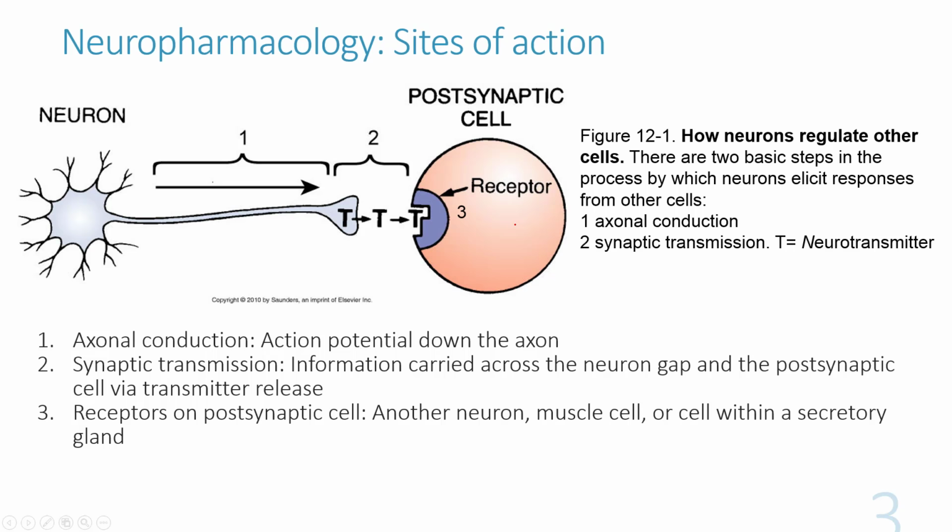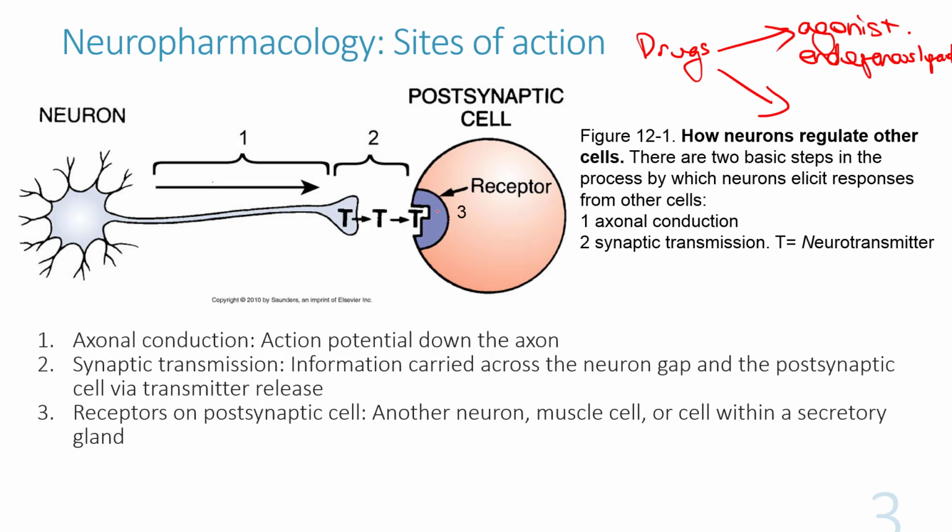Now, another thing is that, as I've said before, drugs only alter what the body can already do. So the drugs that affect the nervous system do one of two things. One is that they can simulate the action of the endogenous ligand.